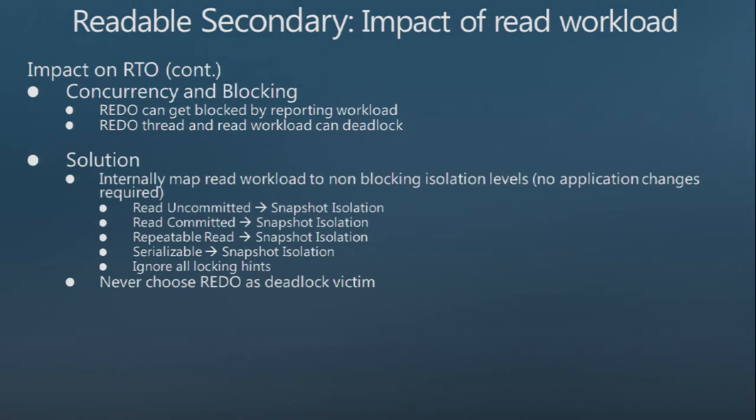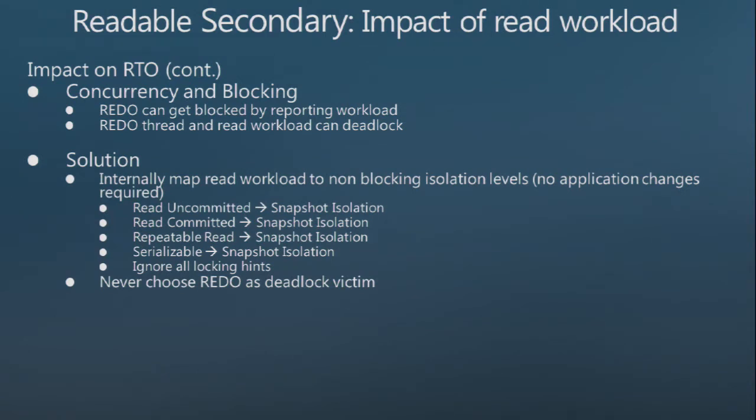So what we have done, as a solution, is we map all isolation levels of the reporting workload. Notice I'm saying transparently. So there is no change to the application, there is no change to the reporting workload queries. We internally map all those isolation levels to snapshot. With the result, we are eliminating any blocking between readers and writers.